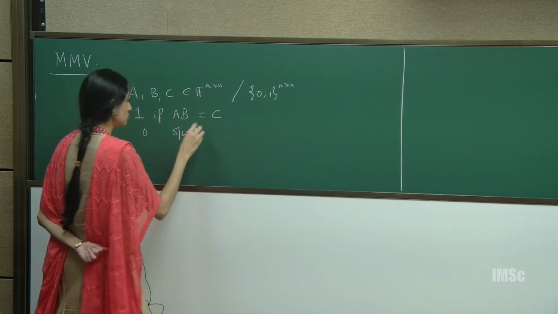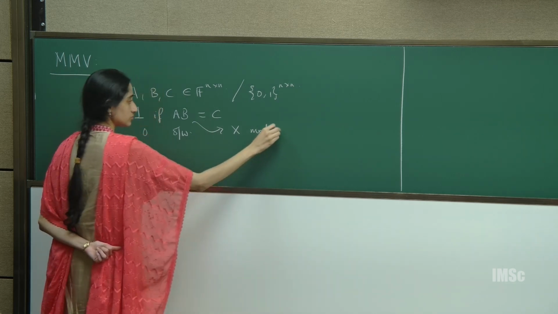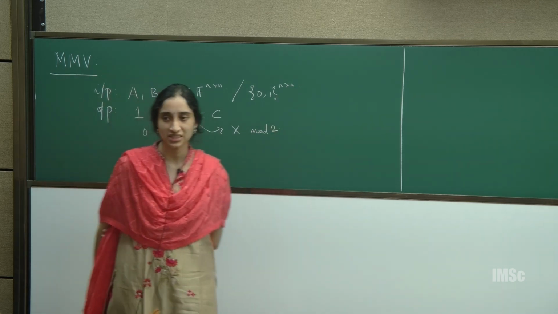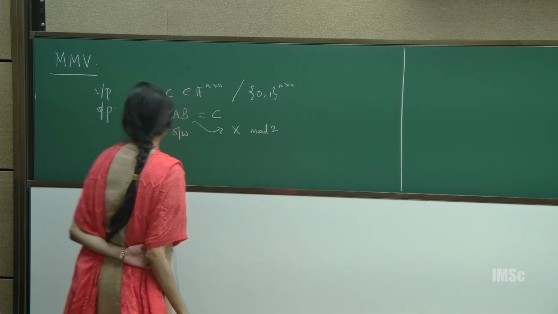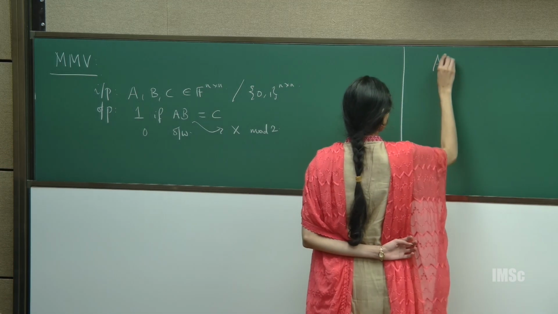So AB is mod 2. So multiplication is modulo 2. Okay, so what was the algorithm that we thought can be used?